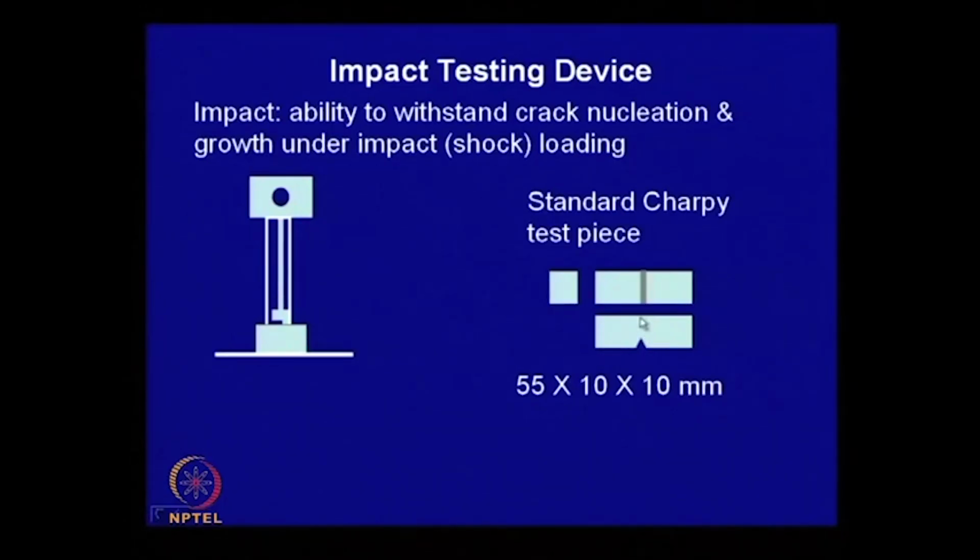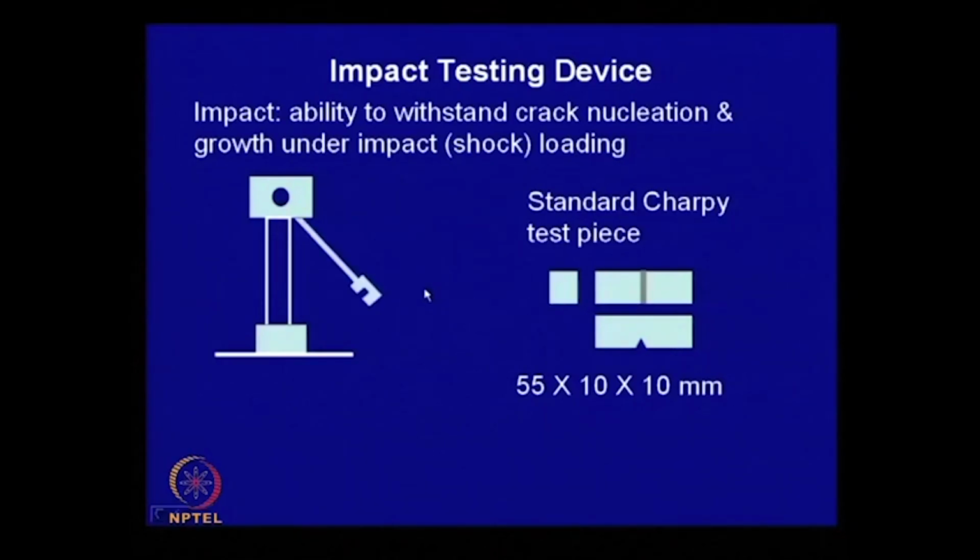And what we do, we place this standard notch specimen over here and strike it with a hammer which is attached to a pendulum, which is shown over here, and this hammer will strike the test piece on the face opposite the V notch, and we try to measure that energy that is required to cause fracture in this notched test piece, and this value is called Charpy impact value.